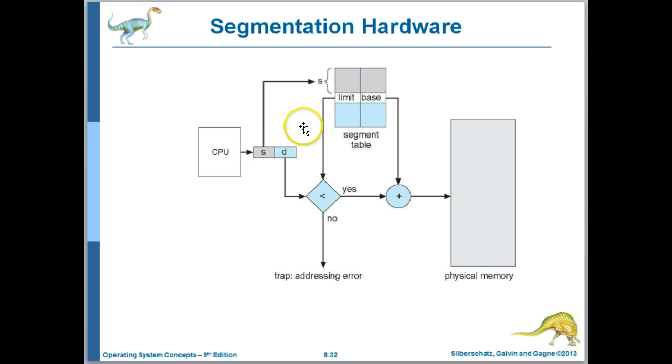So that segment number is used as an index into the segment table, producing the limit and base values. That limit is checked against the offset in the logical address, and a trap is generated as necessary. Otherwise, that offset is added to the base register value, giving us the physical address. And that finishes this first segment on memory management.